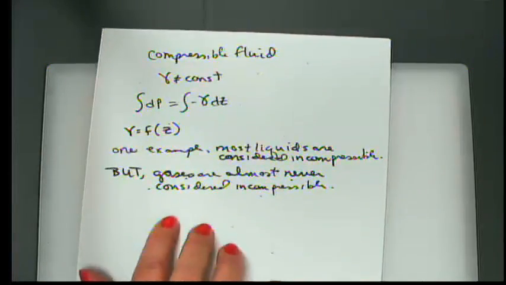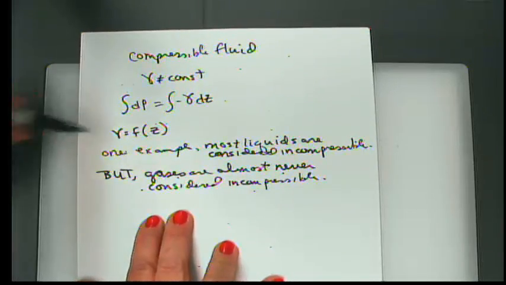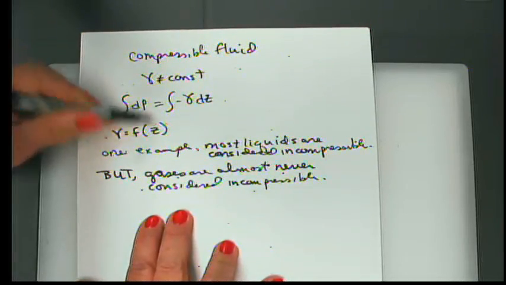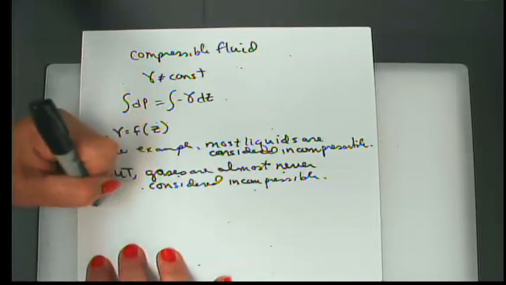So what that means for us is that if we have a gas, we need some sort of a relationship that tells us what gamma is as a function of Z. One example that your textbook gives is if it's an ideal gas.